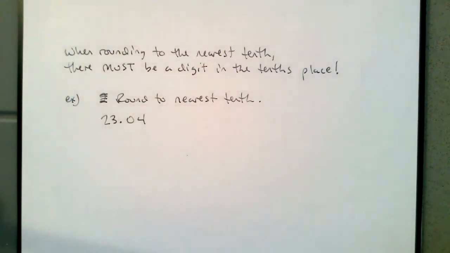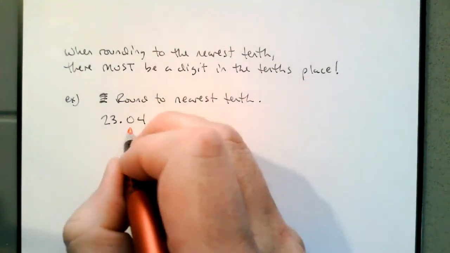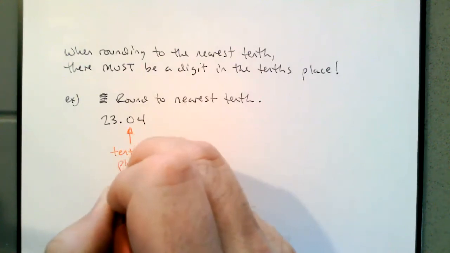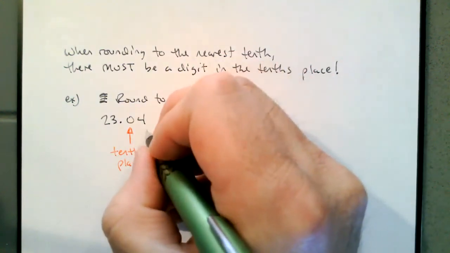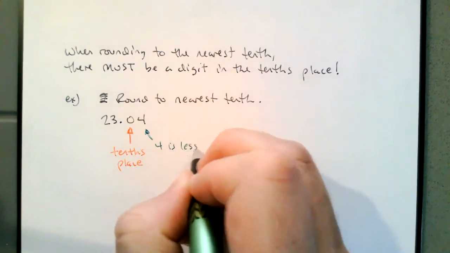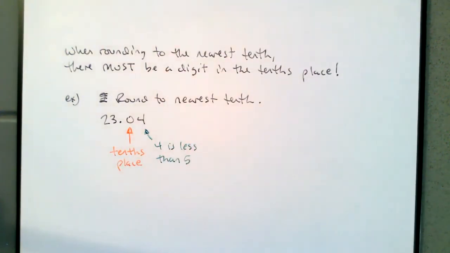There's a 0 in the tenth spot. Here's the tenth place. Four is less than 5. So we are not halfway.